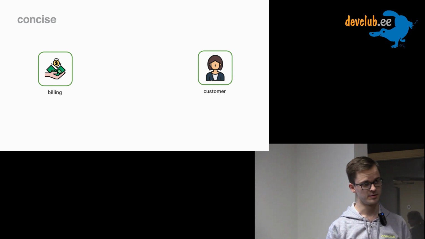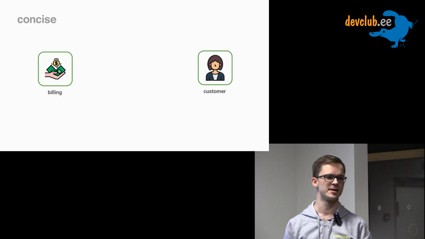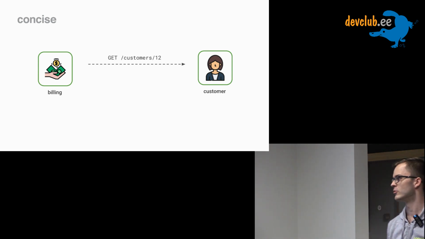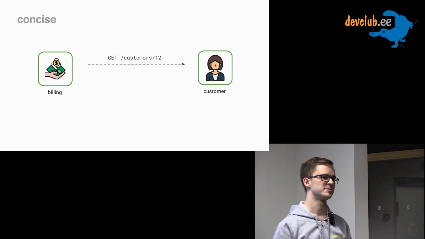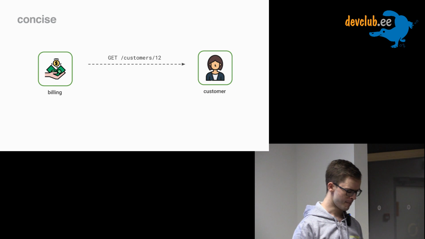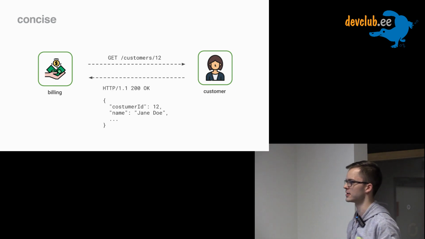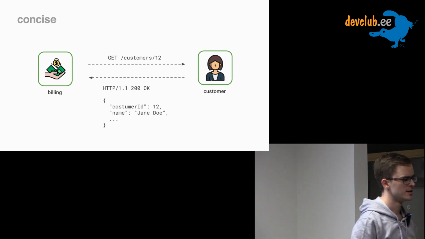For example, they have the usual billing service and the customer service. These services talk to each other using HTTP. So billing needs to access customer information to do billing. After a request to the customer service, the customer service responds with some customer information.